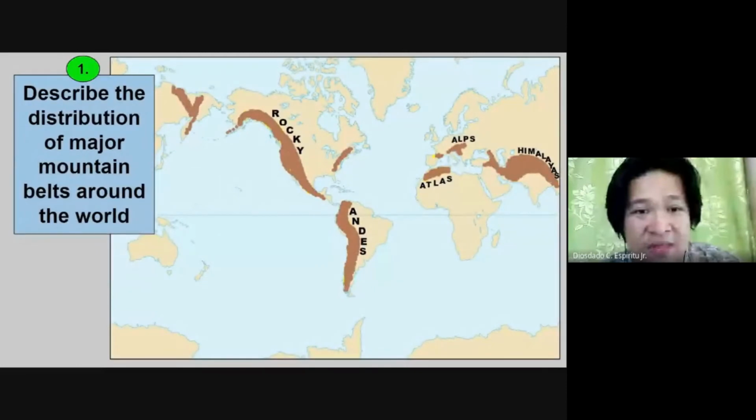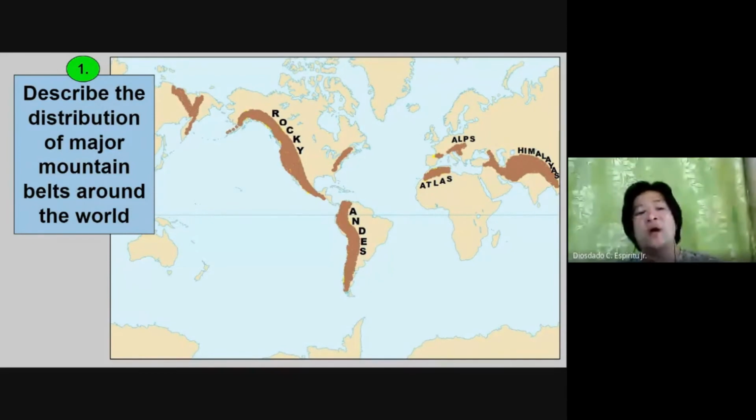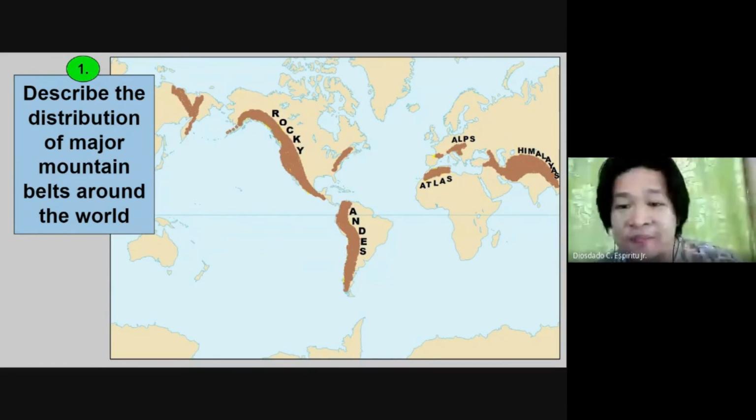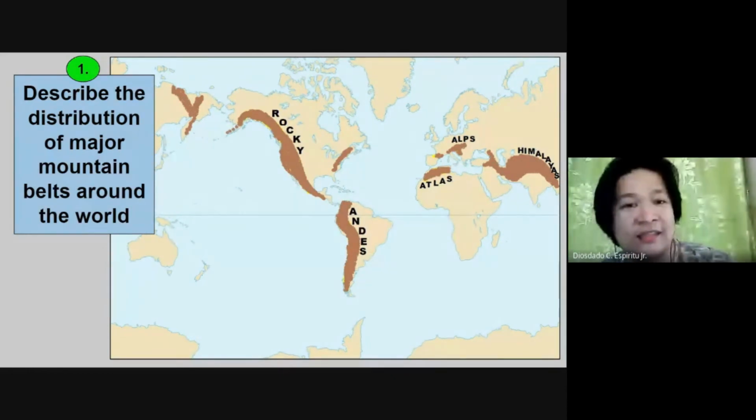So generally, how do we describe the distribution of major mountain belts around the world? How do we describe them? Generally, the distribution. Anybody? You can actually describe them using only one word or a sentence.